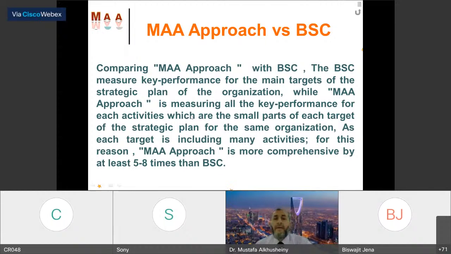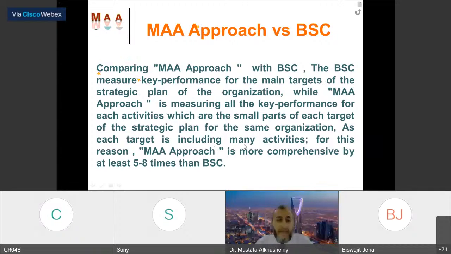My approach versus balanced scorecard. As we know, balanced scorecard measures key performance for the main targets of the strategic plan of the organization, while my approach is measuring all the key performance for each of the activities which compose the targets of the strategic plan, because the small parts of each target plan for the same organization are already composed of activities.